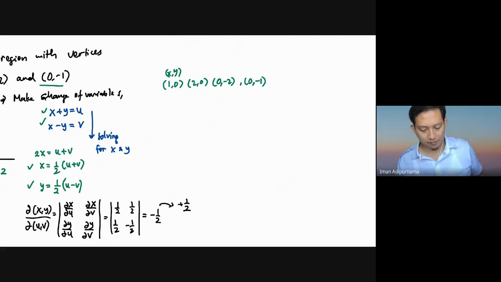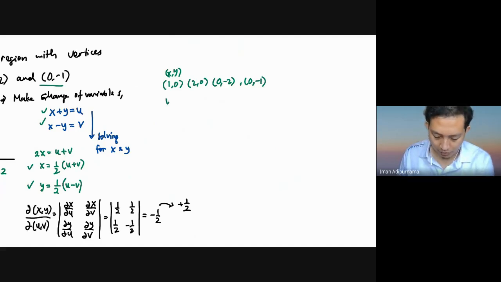Okay. And we're going to transform this. So u is x plus y, v is x minus y. So from the first one, from 1 and 0, we get 1, and then we get 1, right?